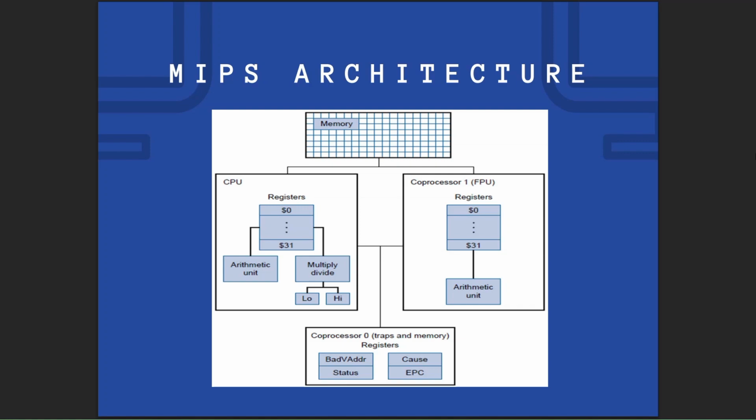It contains special registers like BadVAddr, which stores the address that caused an error; Status, which controls processor operation; Cause, which indicates why an exception occurred; and EPC, the exception program counter, which holds the address of the instruction that caused the exception. So this organization reflects the RISC philosophy: separate units for different tasks, many registers, and a clean division between integer, floating point, and system operations.